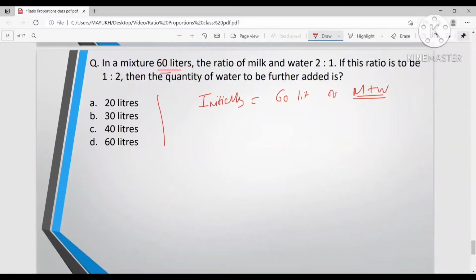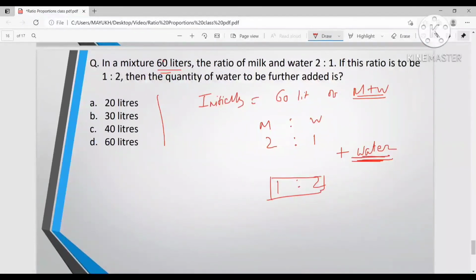And this milk and water were in the ratio 2 is to 1. And then the milk person who provides me milk added some water. He did cheating. He added some water, and he made the ratio 1 is to 2.